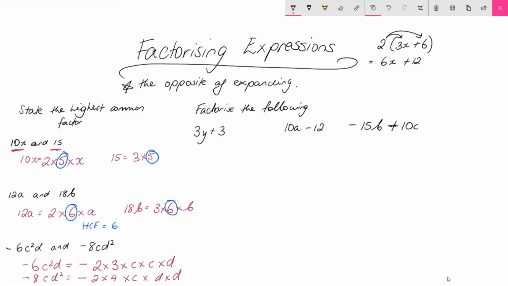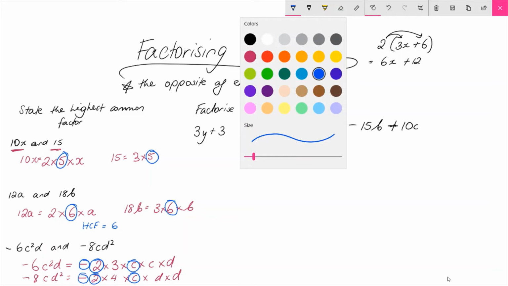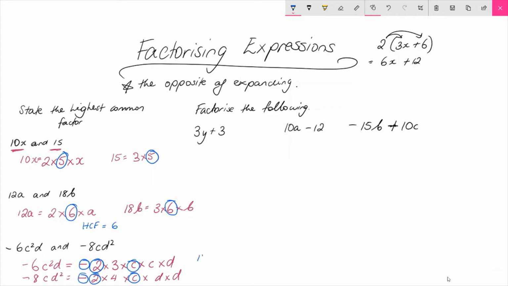So that's basically what we did last term, where we wrote terms in their expanded form. So now we can see the things that are common. Both of these terms have a negative, both have a 2, and both have a c. If we put all those common bits together, the negative is common, the 2 is common, and the c is common.